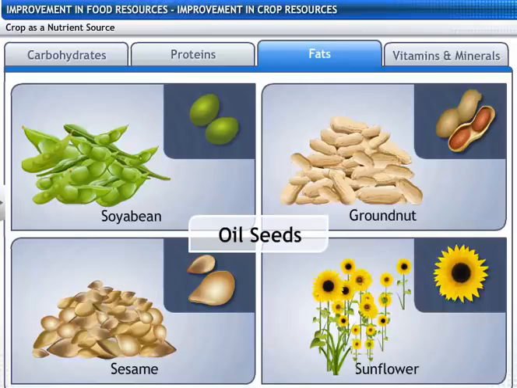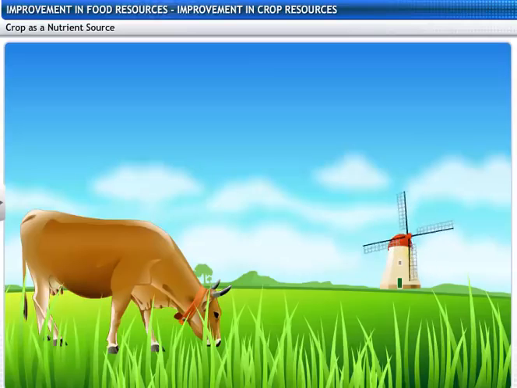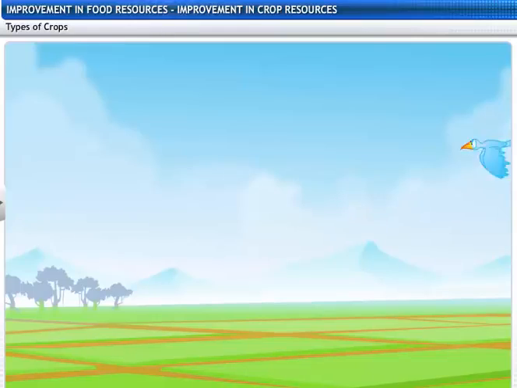Oil seeds provide fats. And vegetables, spices and fruits provide vitamins and minerals. In addition to these, fodder crops provide food for livestock. We obtain most of our food from agriculture.